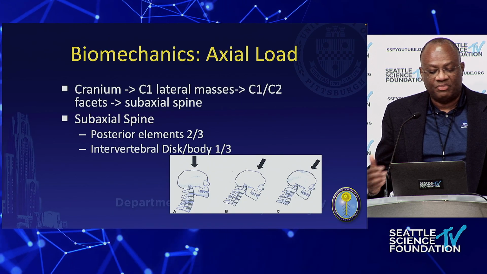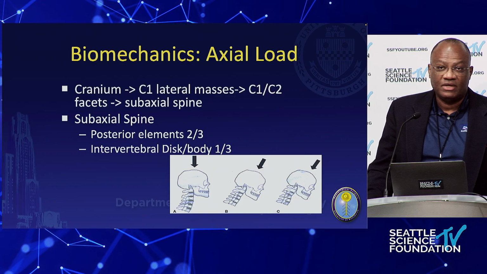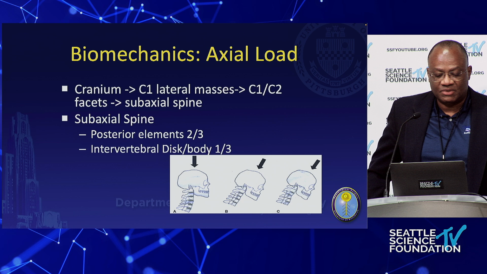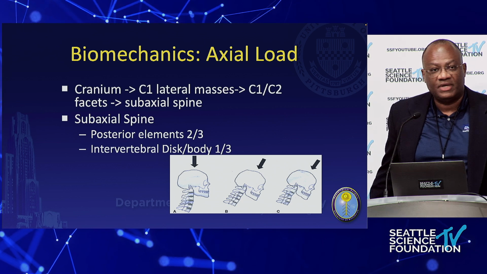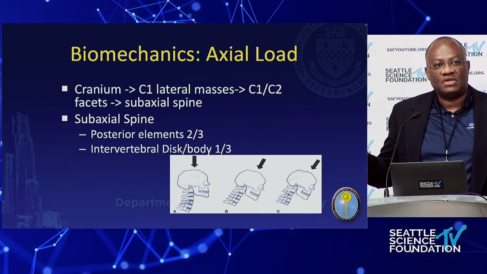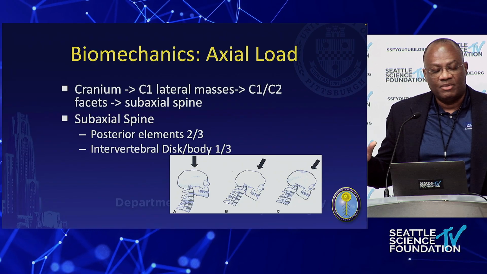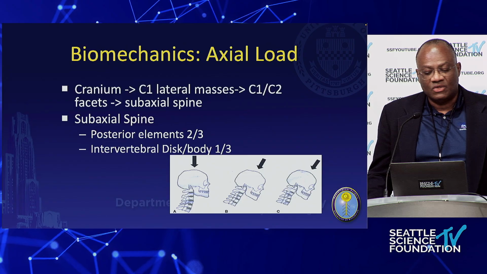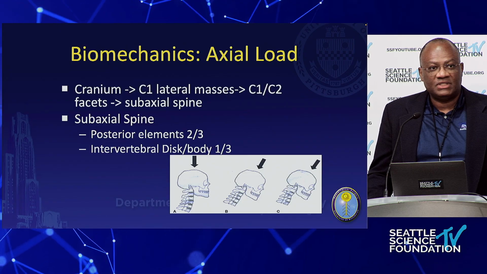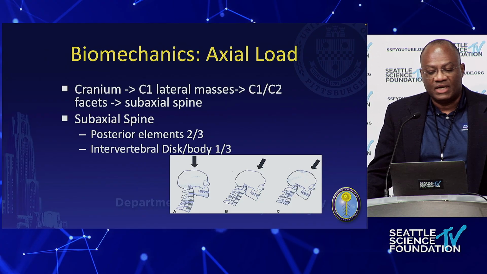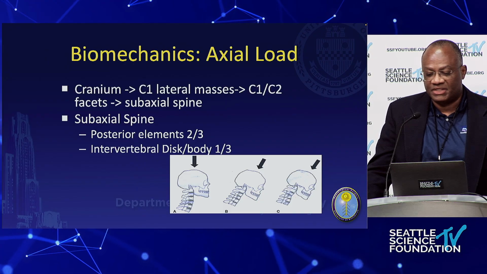We also appreciate that in the subaxial spine, we do have posterior elements that carry about 2/3 versus the intervertebral disc and body, which is 1/3. Conversely, we're not having a thoracolumbar fracture talk this year, but it's sort of reversed in the thoracolumbar spine. It's almost 80-20. So different forces act differently in this region from an axial load, with more repercussions, right?